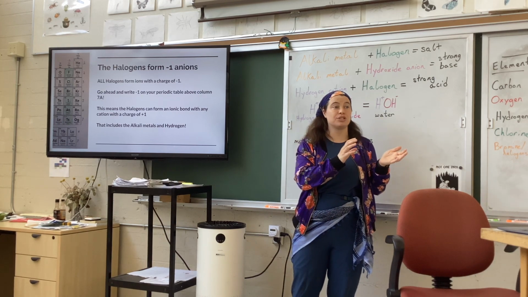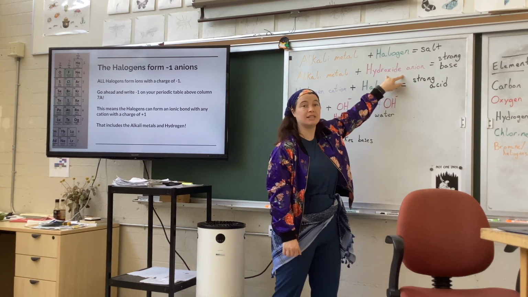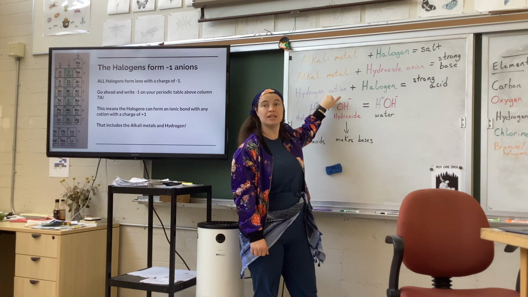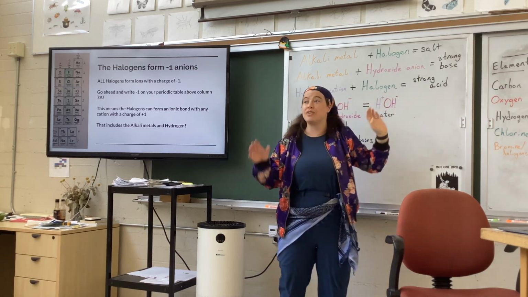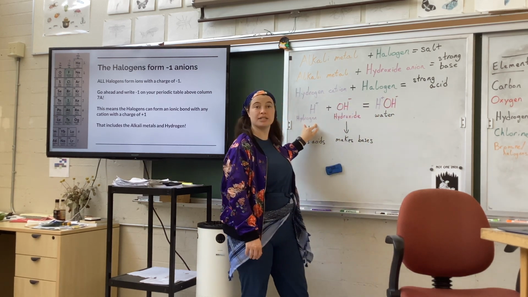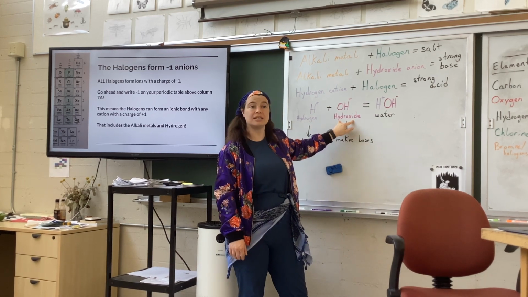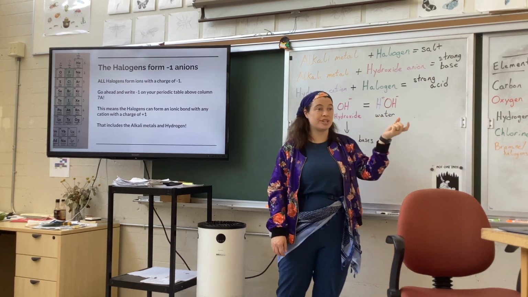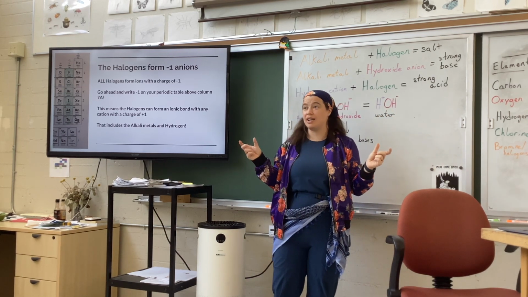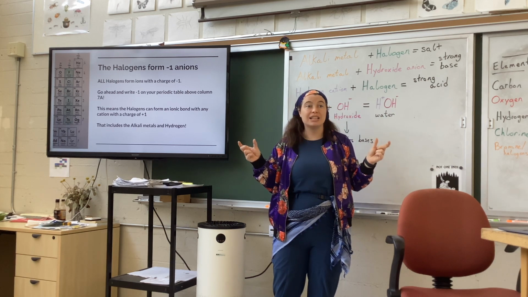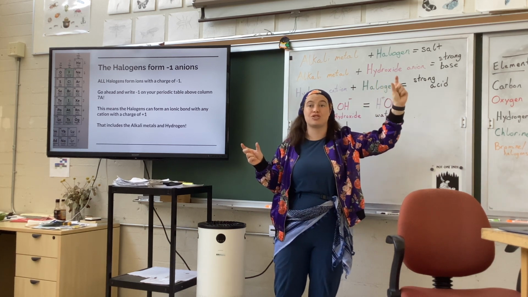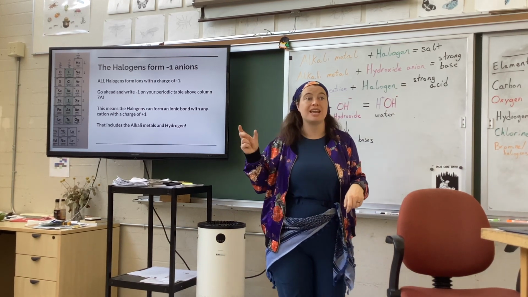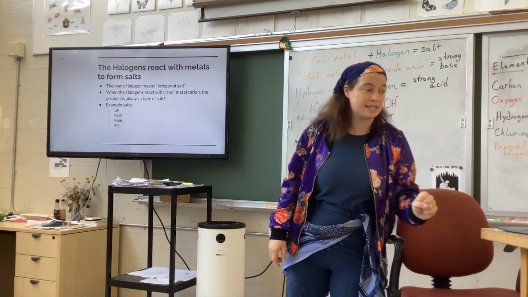The alkali metals could react with hydroxide to form a strong base, while the halogens react with hydrogen to form a strong acid. And then remember, hydrogen cations and hydroxide anions, those are the two pieces of water. Water is made out of a hydrogen cation and a hydroxide anion. So the halogens can react with the hydrogen part and they make strong acids, while the alkali metals can react with the hydroxide part and they can make a strong base.